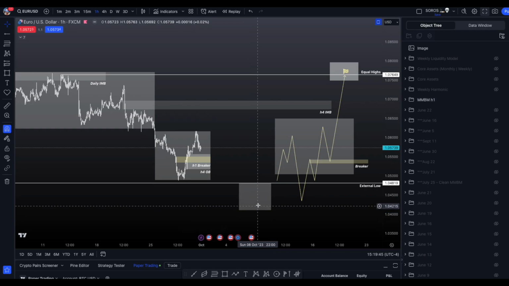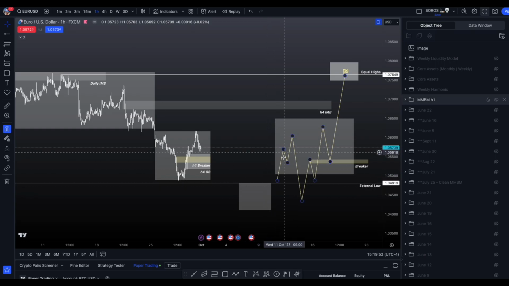So if you see strong displacement after this low gets raided on the daily, then I would look for some bullish structure to be created, kind of like this. So this fractal right here is this high, higher high, take the external and then push down. So I'm waiting, we're in this part of the leg right here.